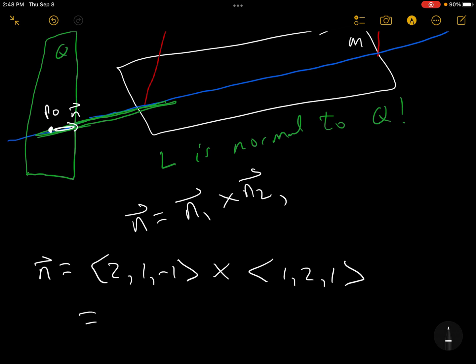And I did this before. It's 3, minus 3, 3. And to rewrite the point again, P is 2, 1, minus 1.